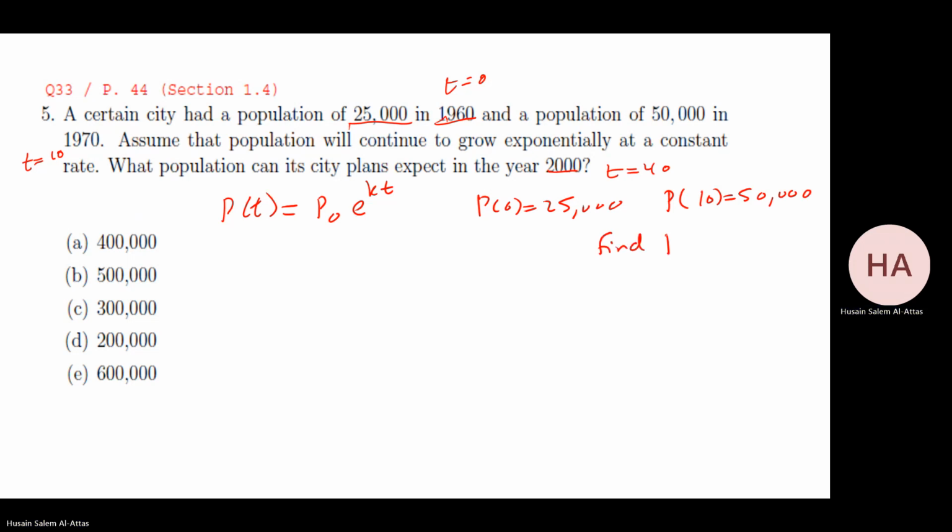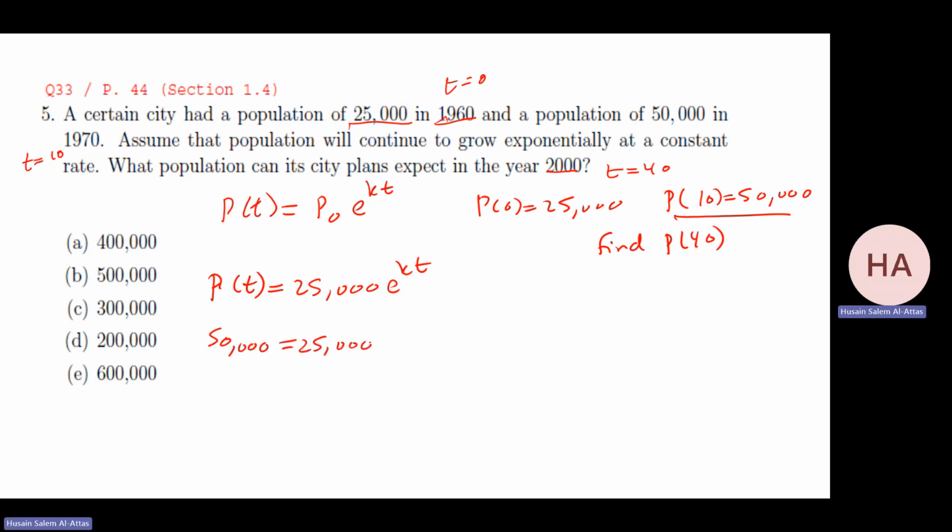Find P at 40. So I have P of t equals 25,000 e^(kt). Use this. So 50,000 equals 25,000 e^(10k). So 2 equals e^(10k). So k equals 1 over 10 ln 2.